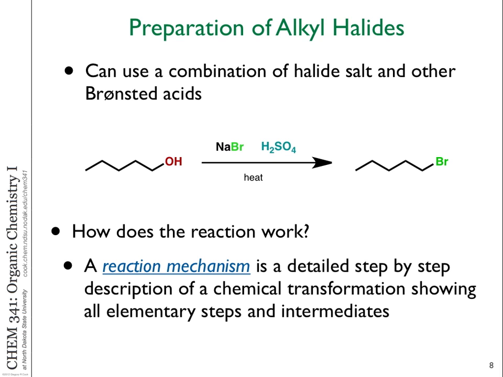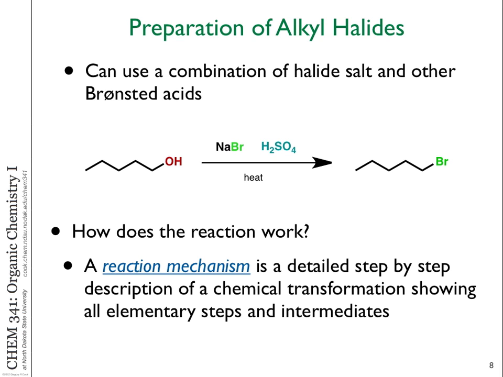Originally I wrote the overall transformation: alcohol plus hydrogen halide gives alkyl halide plus water. That tells you what happens overall from the starting material to the product, but it doesn't say how it got there. And how it gets there could happen by many different pathways.